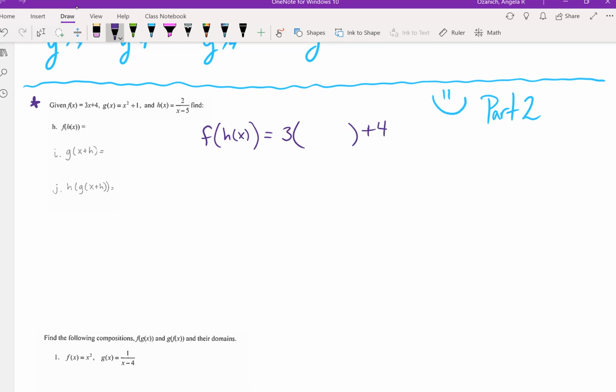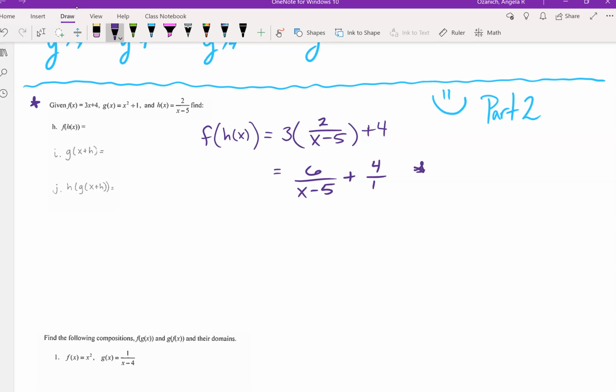All right. So this means for this particular composition that you're going to have 2 over x minus 5 rolling into that spot. This is one from our workbook. And you're going to be left with 6 over x minus 5. Again, you could get a common denominator of x minus 5 for this fraction and continue to simplify. But if you want to leave it like that, that's going to be okay as well.